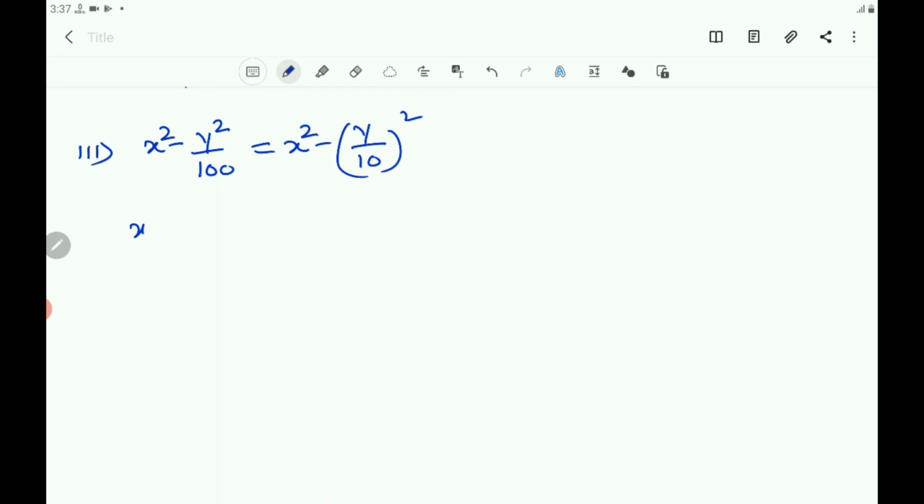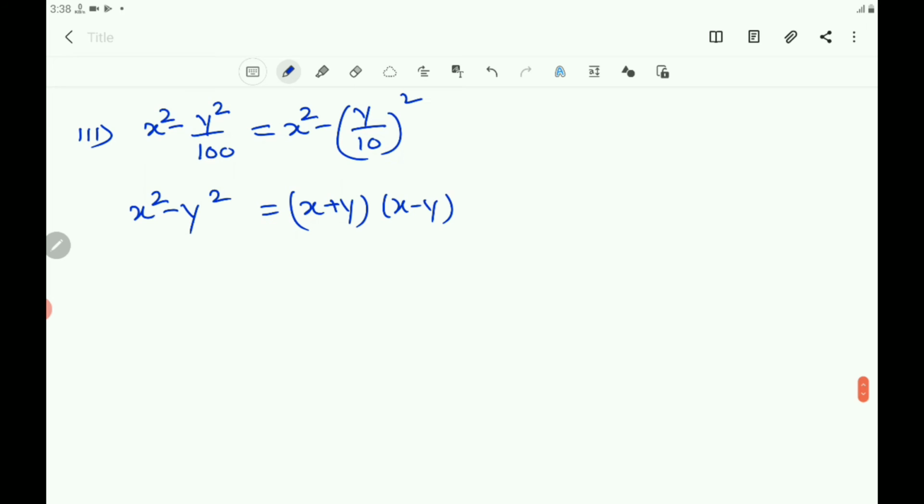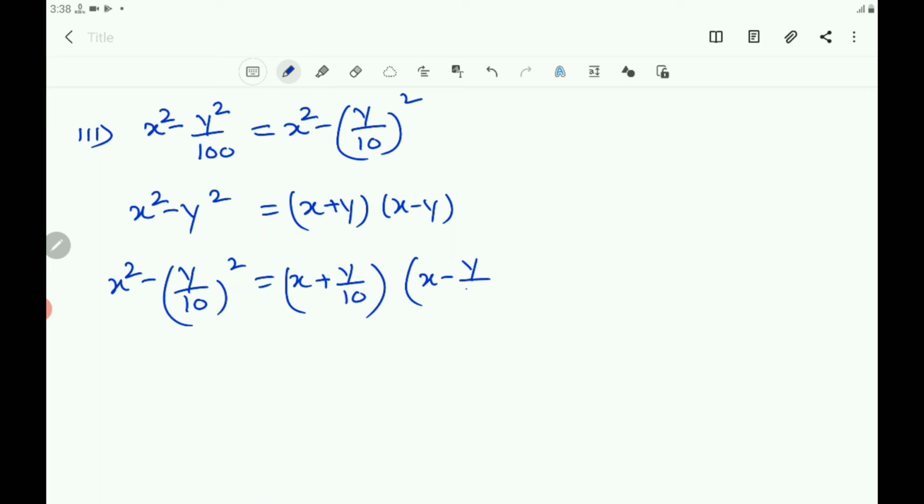So you write x² − y² equals what? (x + y)(x − y), or you can write (x − y)(x + y). Then you write x² − (y/10)² equals, in the place of x, x is there, and in the place of y, there is y/10: (x + y/10)(x − y/10).